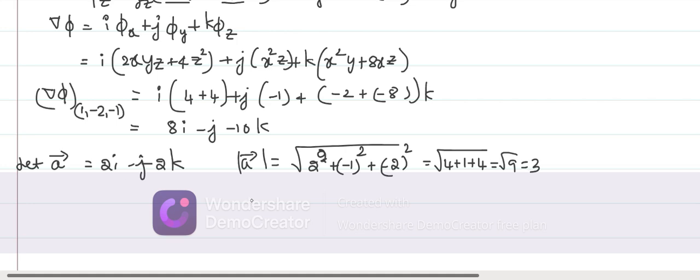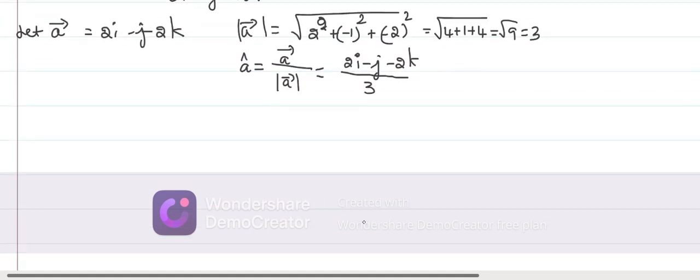So now what is the unit vector? That is equal to the vector A divided by its norm. So the vector A is 2i minus j minus 2k and the norm is 3.